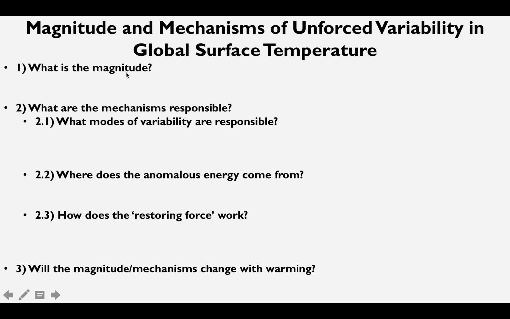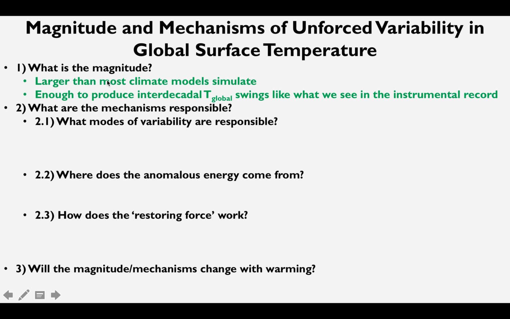So going back over the questions that we've looked at, what is the magnitude of unforced variability in global temperature? Well, it appears to be larger than most climate models simulate. And we see that in terms of both the instrumental record as well as reconstructions of temperature change over the past millennium.